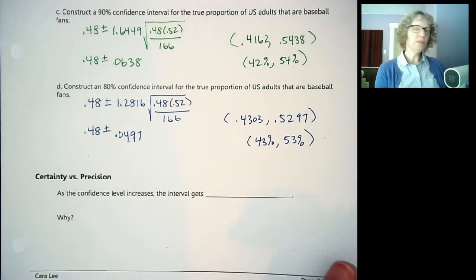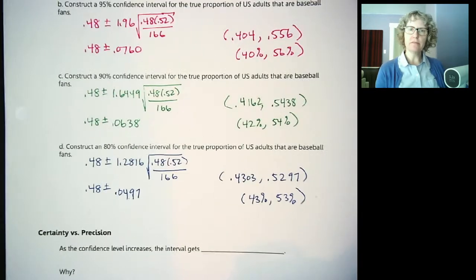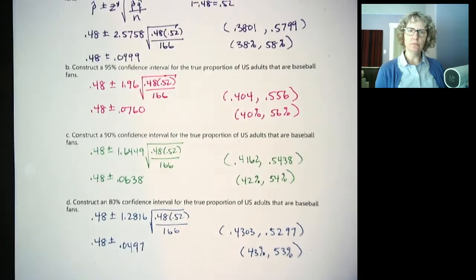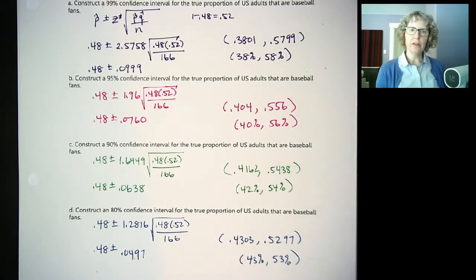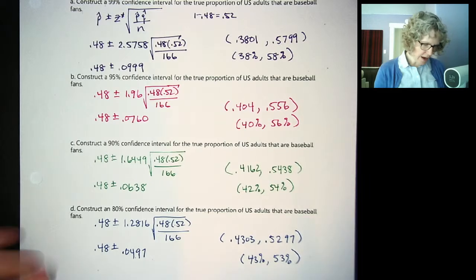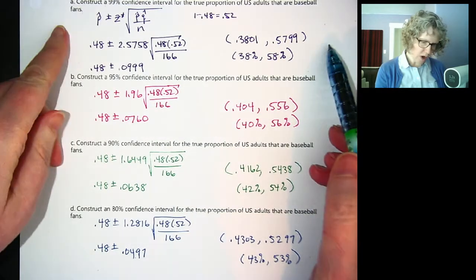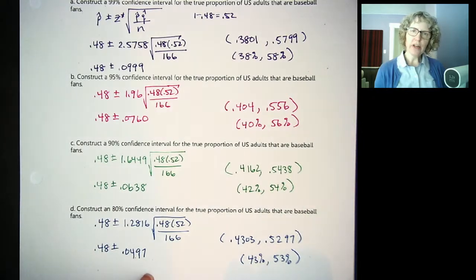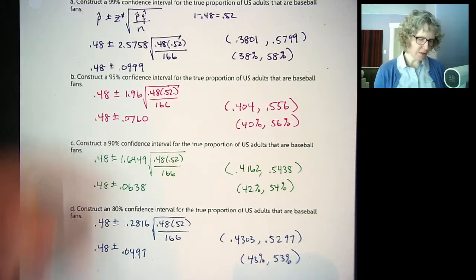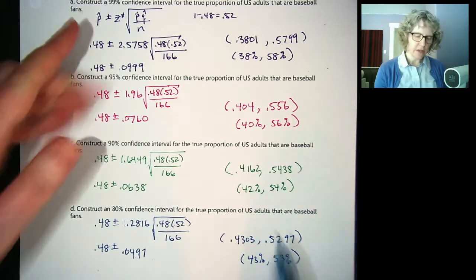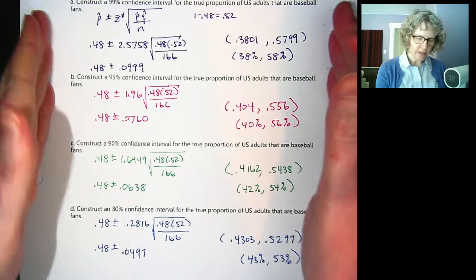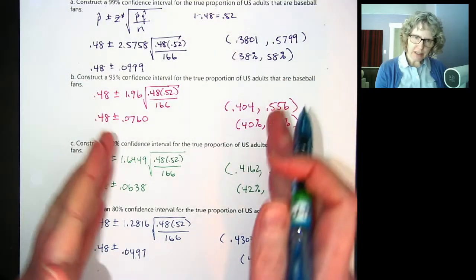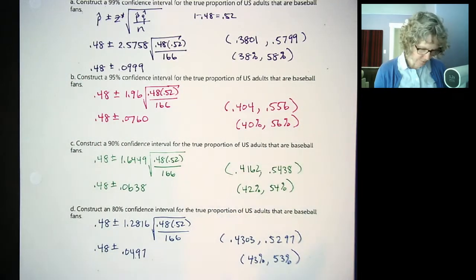Okay, so is that what you expected for this pattern? Let me zoom out here. So we started with the high confidence level and it was wide. And then we got narrower and narrower and narrower. It's the same thing we saw on the page that had all the normal curves when we did all of our critical z-values. 99% is wide, 95 is narrower, 90 is narrower, and 80 is narrower.